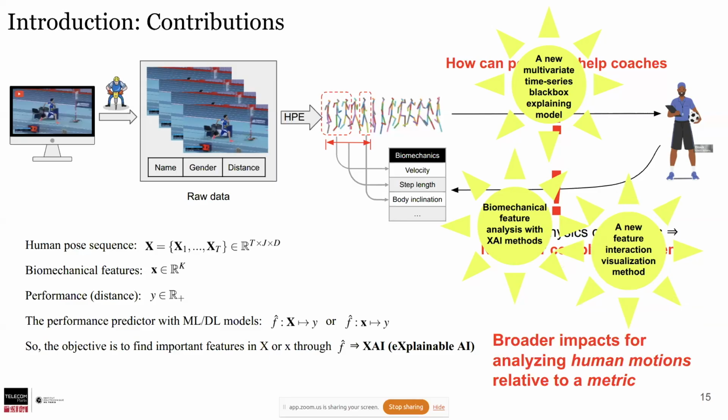And when we look back into the formulation, actually, this work can have broader impacts if we're analyzing human motions relative to another metric, for example, injury or other sports.